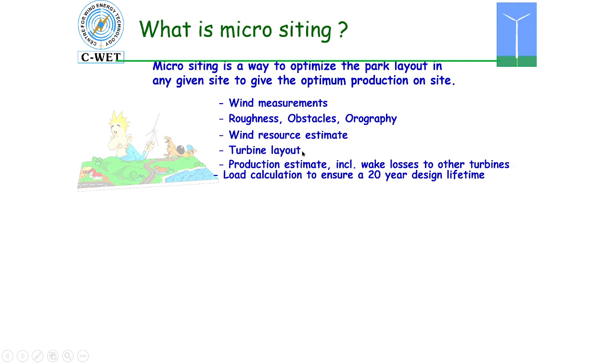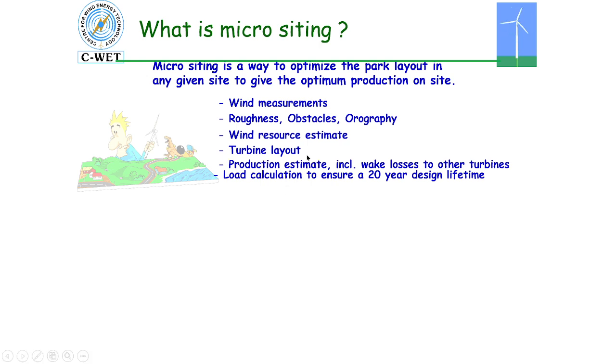Then turbine layout is done. Then production estimate, including wake losses. I'll come to that. Wake losses means how one wind turbine affects the other wind turbine, because one wind turbine is in the front and the other wind turbine is behind.